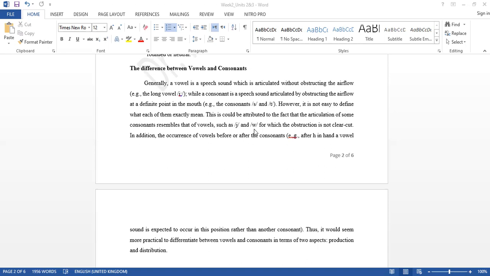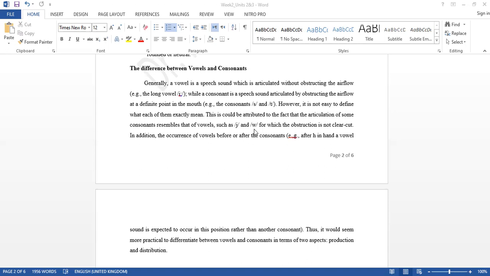Now, if you look at the difference between vowels and consonants from another point of view rather than production, we are going to look at the difference from the point of view of distribution. If you remember the sound h, the symbol of which resembles the letter H, like in hand, home, heavy.